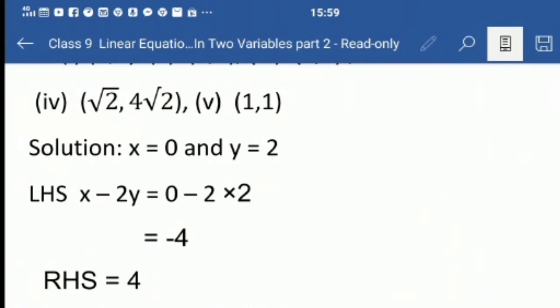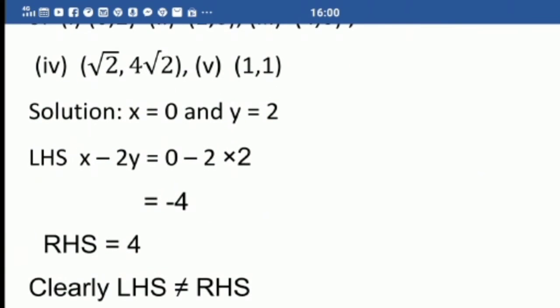So we put 0 instead of x, and y is equal to 2. So 0 minus 2 into 2, which is minus 4. 0 minus 4 is equal to minus 4.